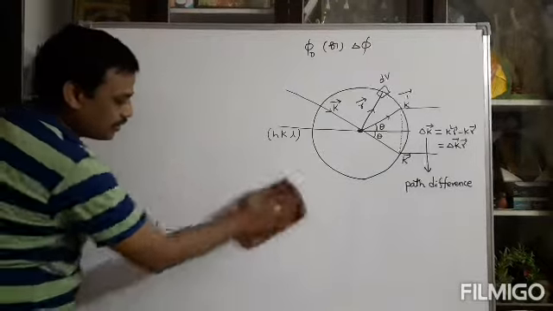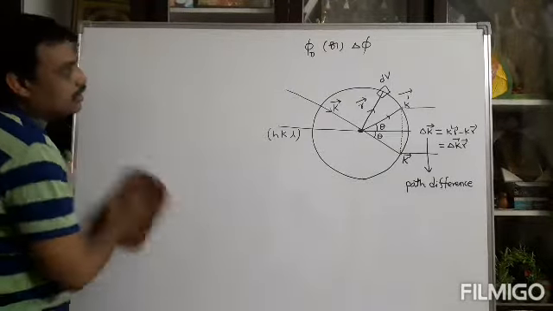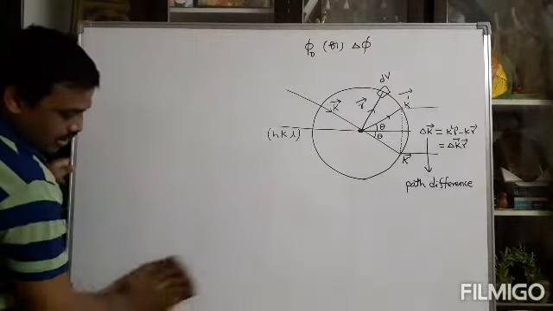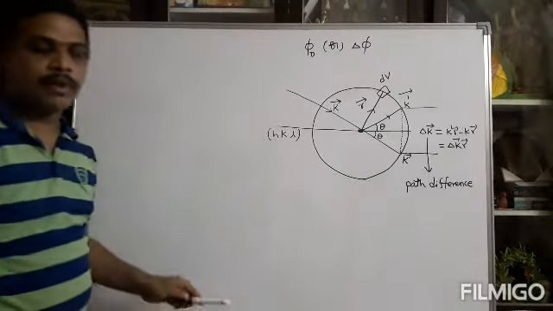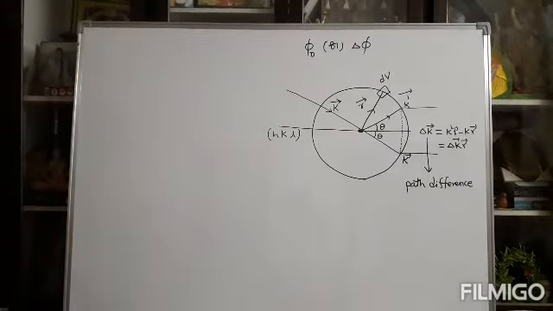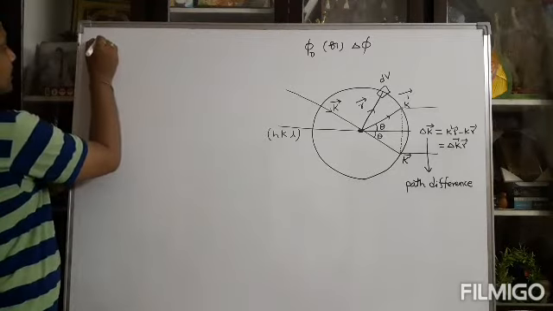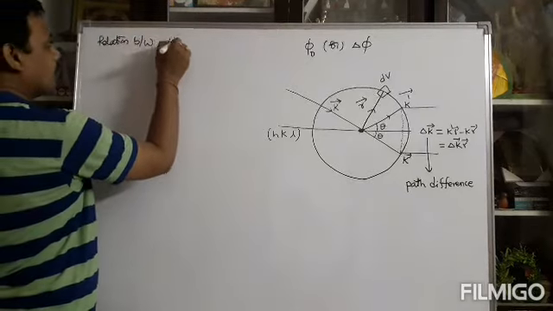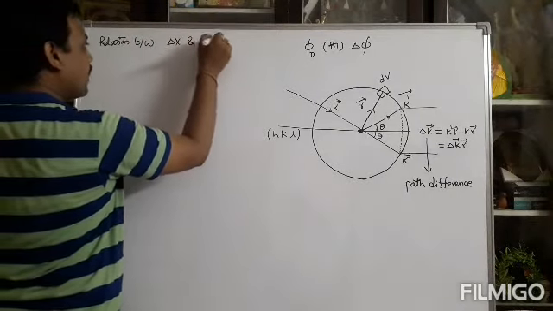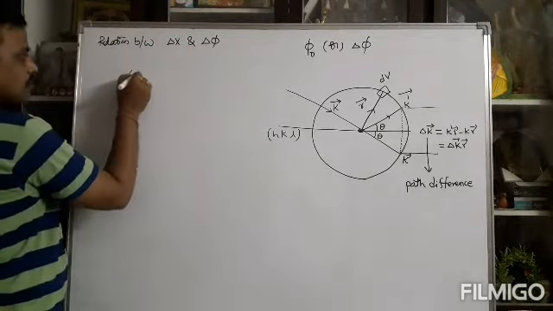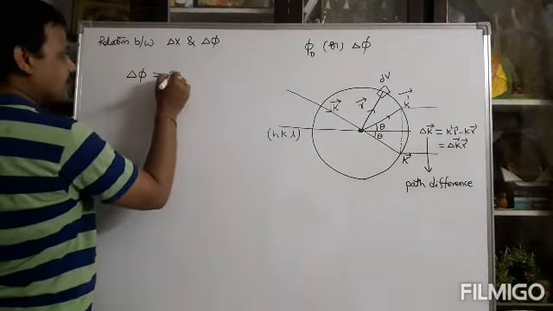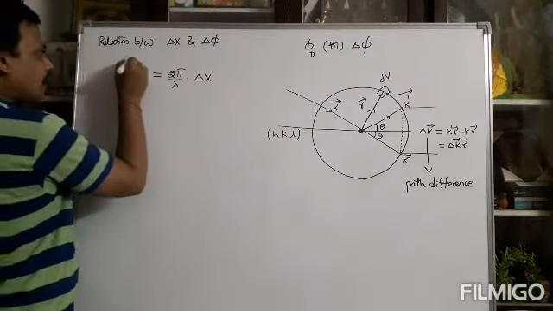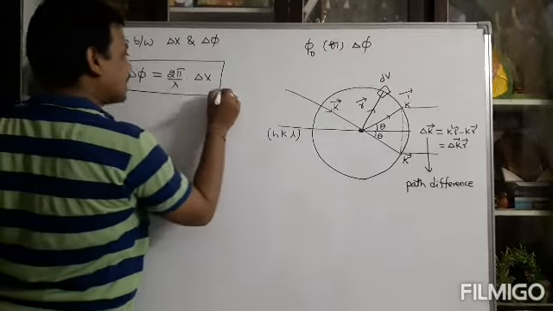It came in intermediate second year, in ray optics or the degree second year optics paper, or in the modern physics paper. At degree or intermediate level, the relation between path difference and phase difference is always written as delta phi equal to 2 pi by lambda into delta x, which is the best relation between phase and path.